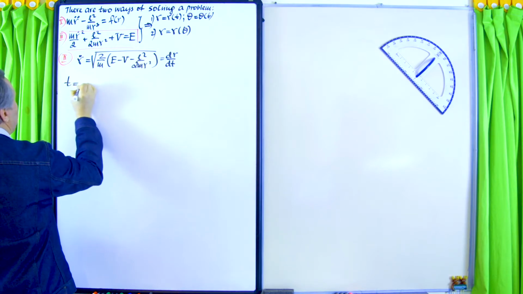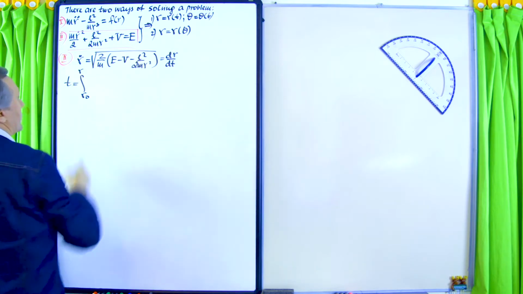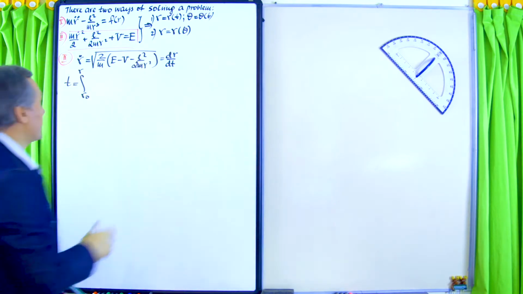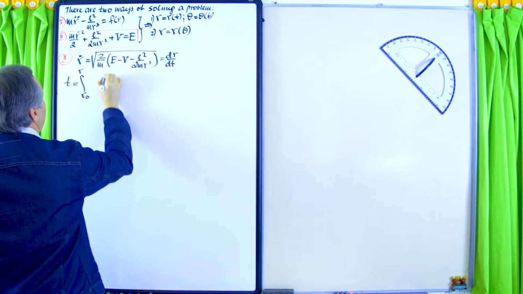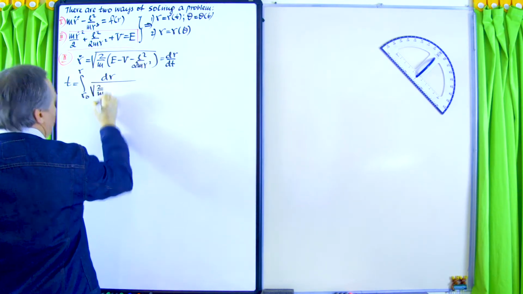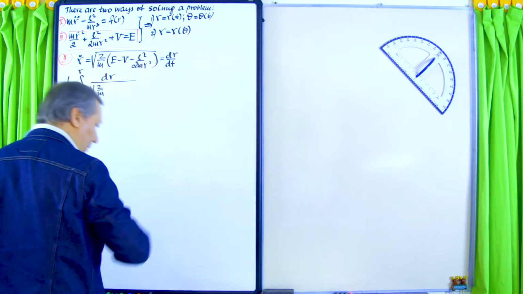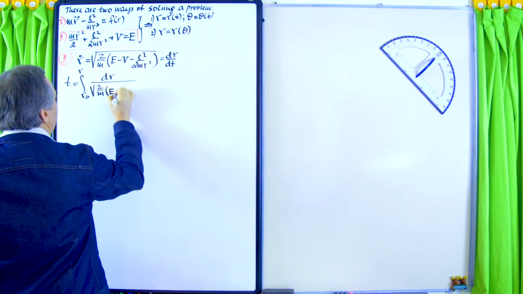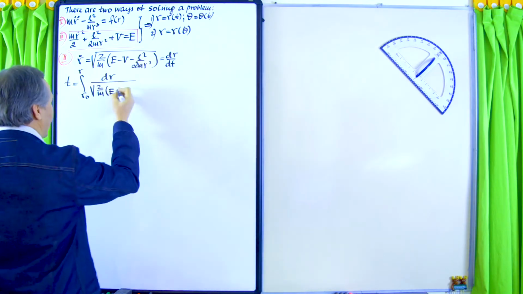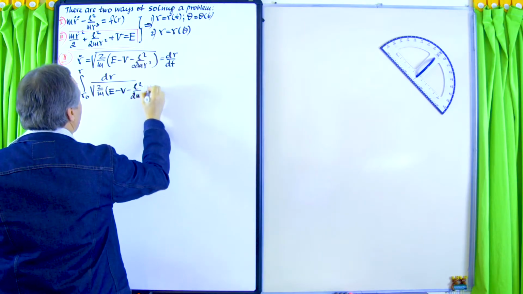So from here we can get t equals the integral from some r naught to r. If you want to deal with a definite or indefinite integral, it's up to you. You will have dr divided by the square root of 2 over m, E minus V and minus L squared over 2 m r to the power of 2.